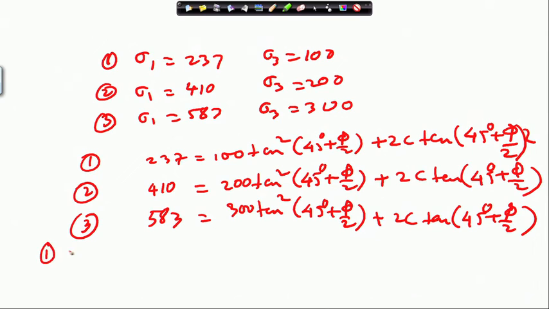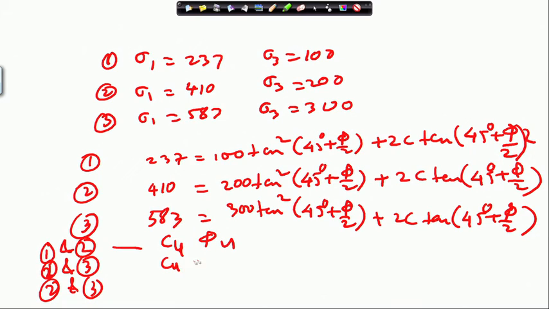So, I can do 1 and 2, then 1 and 3, and 2 and 3, and from each I get Cu and phi u, 3 sets of Cu and phi u, and finally the average of these will be the final Cu and phi u.